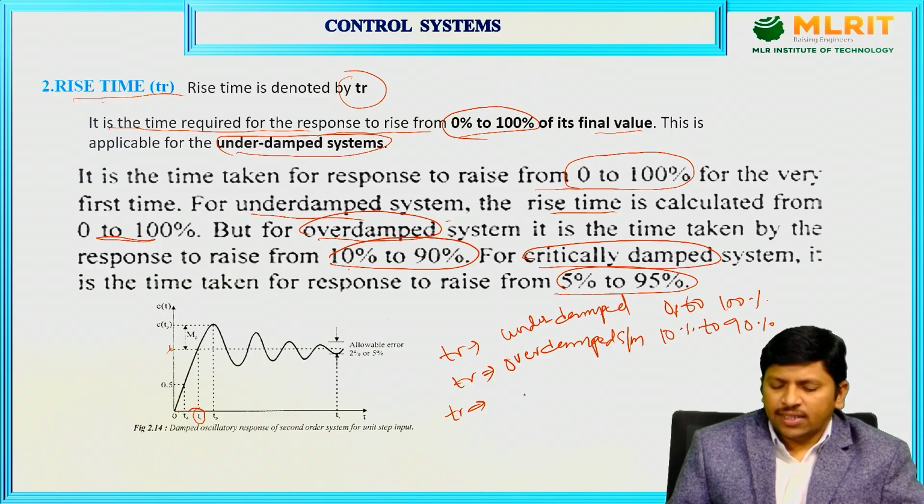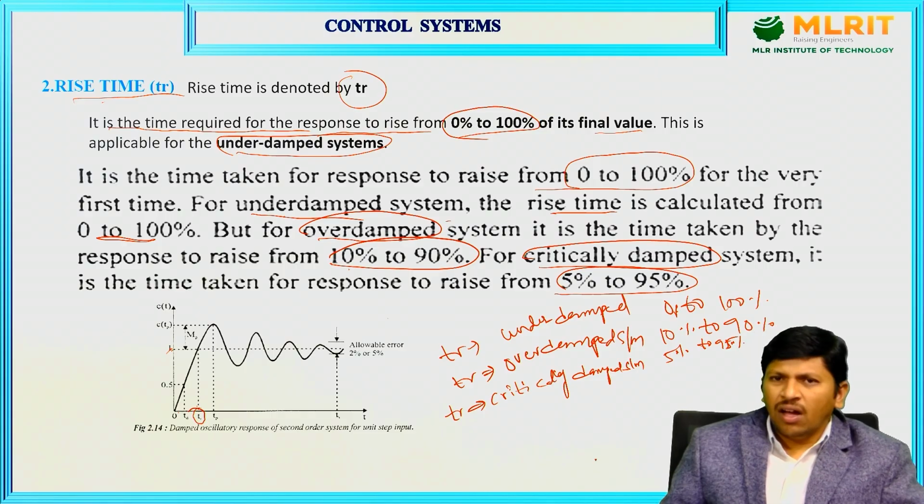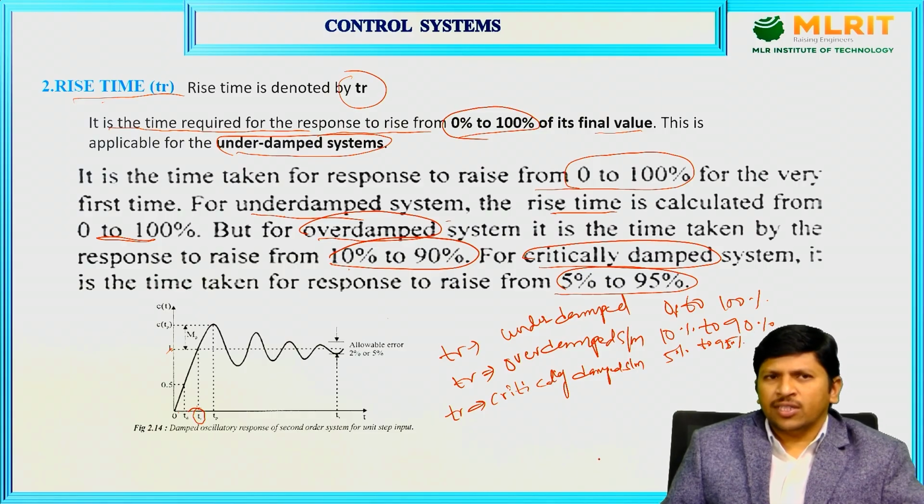Tr, or rise time, for the critically damped system is 5% to 95%. These are the different rise time values for each and every damped system.